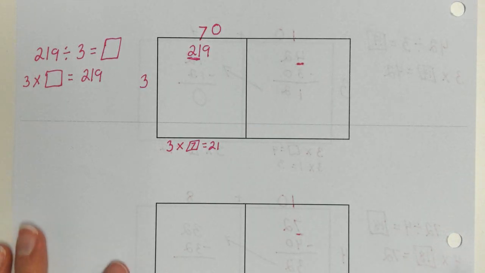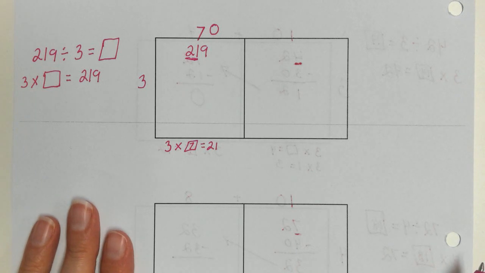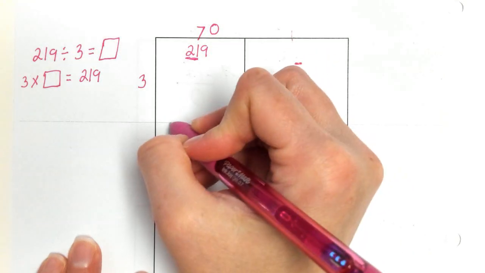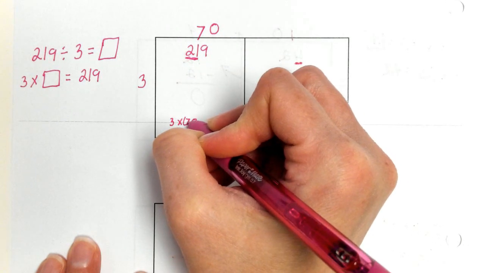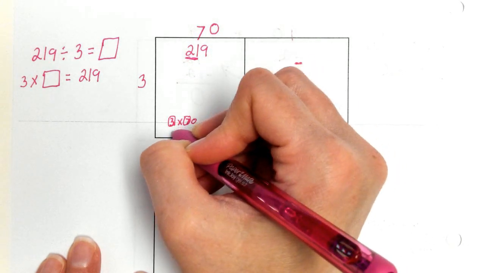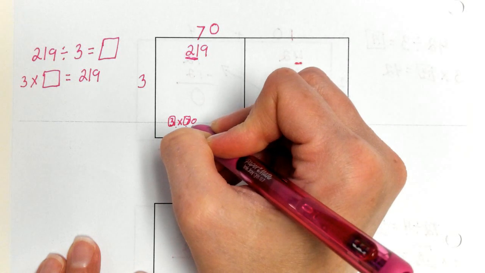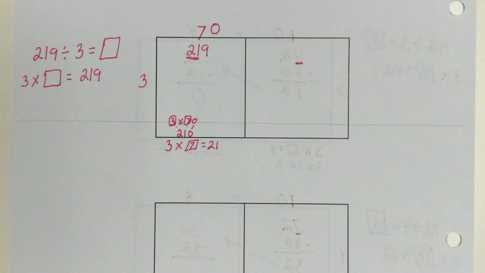All right, so now I'm going to multiply 3 times 70. Charlie, when I multiply 3 times 70, what do I get? And if you need to write it in your box, you can. So 3 times 7 is 21, and I'll bring down my 0.